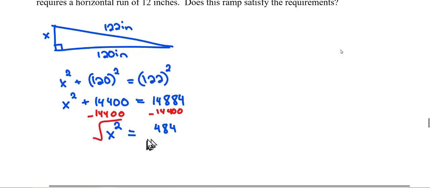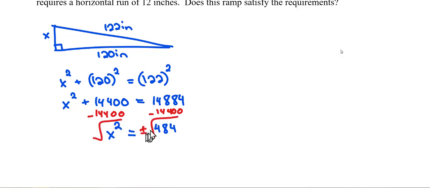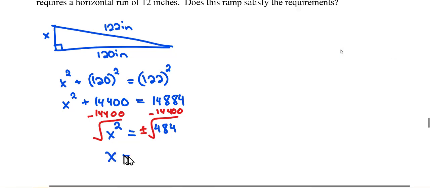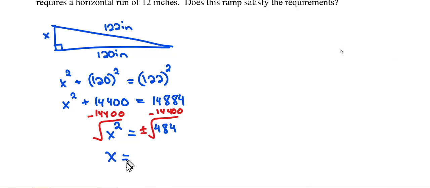Square root both sides of this equation. Don't forget your plus or minus. And you get x equals the square root of 484. I think that's 22. Yeah, it is. 22, and that will be inches.